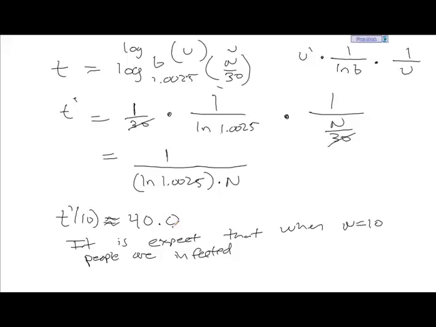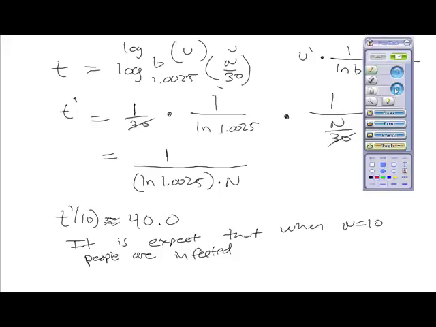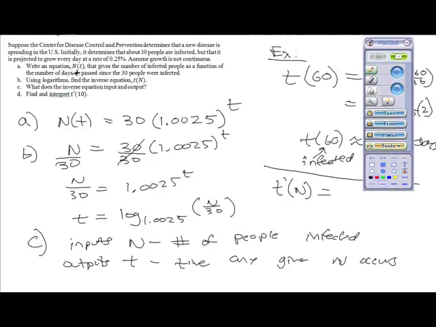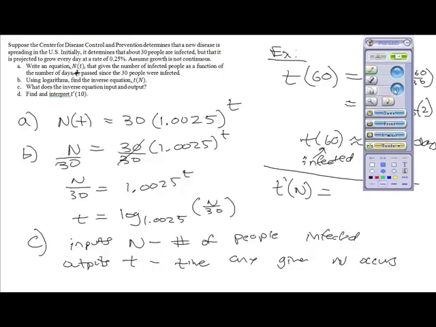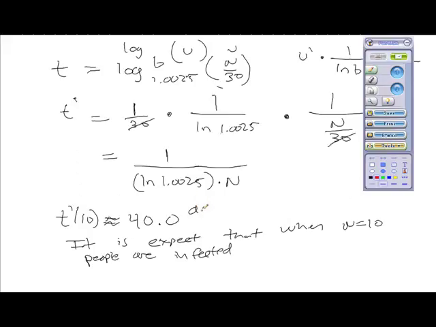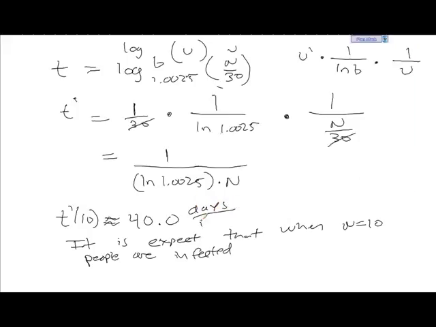Well, since this is the inverse function, the derivative of the original function would have been number of people infected per day. Well, in this case, we found the inverse, so this is going to be days per infected. So this is just the inverse of the units as well, or the reciprocal of the units.